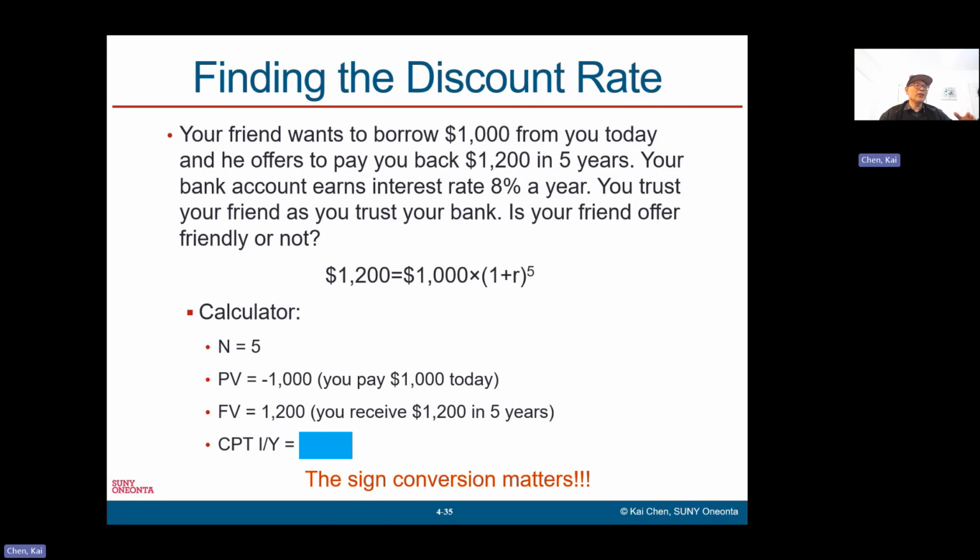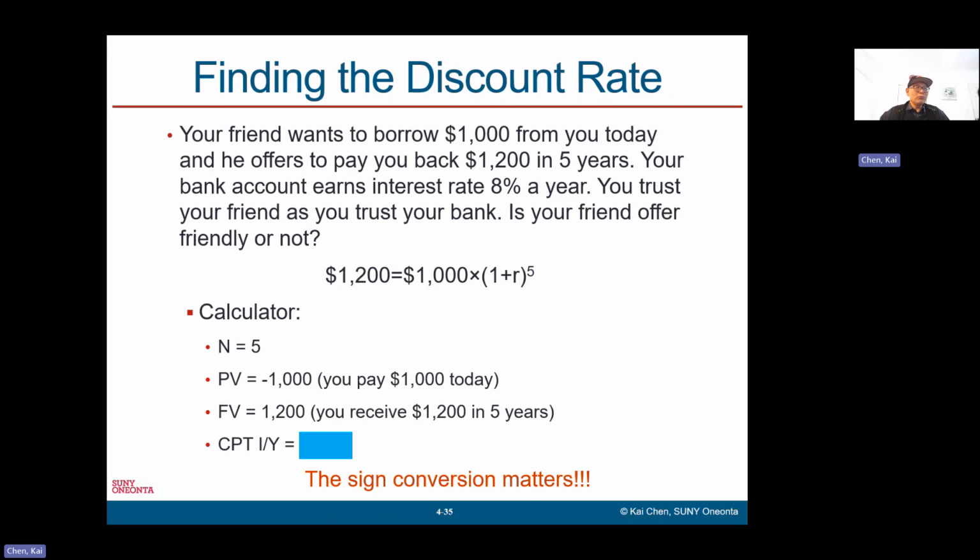If so, then your friend's offer is friendly. So the question boils down to a comparison between the interest rate you can earn lending to your friend and the interest rate you can earn in your bank account.